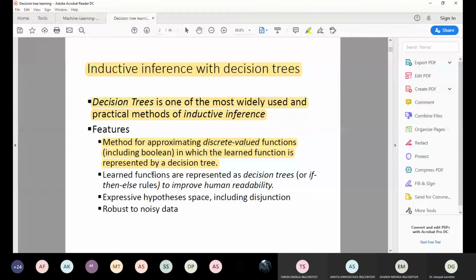In the case of decision trees, the learned functions are represented as trees as a tool to improve human readability. For example, in the previous example of whether my friend Aldo enjoys sport or not, if it is rainy, if the temperature is more than 40, we consider all these if-else rules.